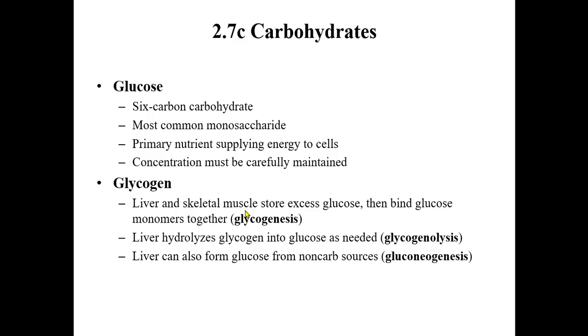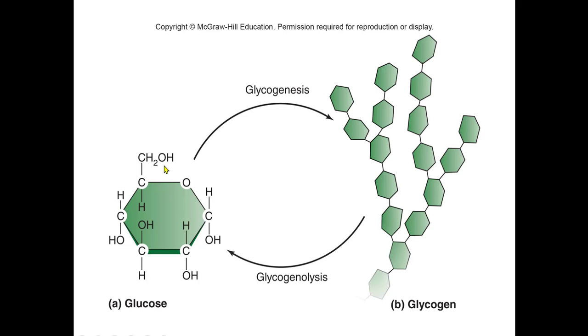Lance Armstrong, the bicycle guy, has a lot of glycogen stored in his muscles for the Tour de France race. That's what I mean by this slide. I don't care as much for these terms down here. Here's glucose, a monomer, and glycogen is a polymer made out of many, many glucose molecules.